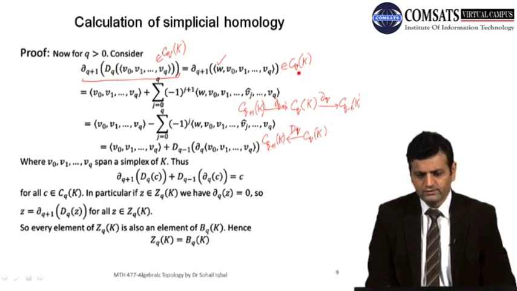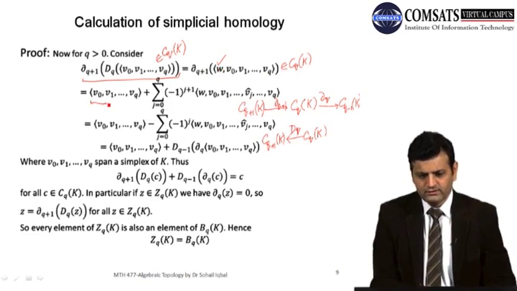Okay, so by using the definition of boundary, if we ignore the first element, which is W, then we will get minus 1 raised to power 0, and just delete W from it. Okay, and going on, we just need to delete each vertex from v0 to vq.